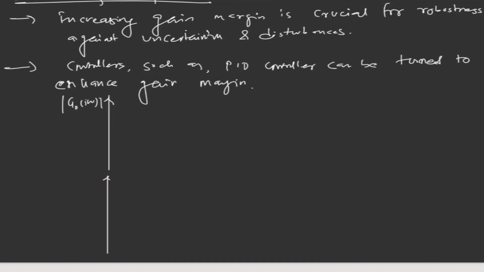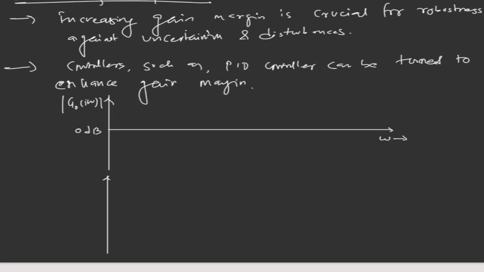The interesting thing from here is we'll plot the open loop control system, open loop transfer function, and we'll come up with the closed loop stability of the system. This is very beautiful thing from the frequency response. And let's assume this is the 0 dB line, 0 dB. And this is frequency line.